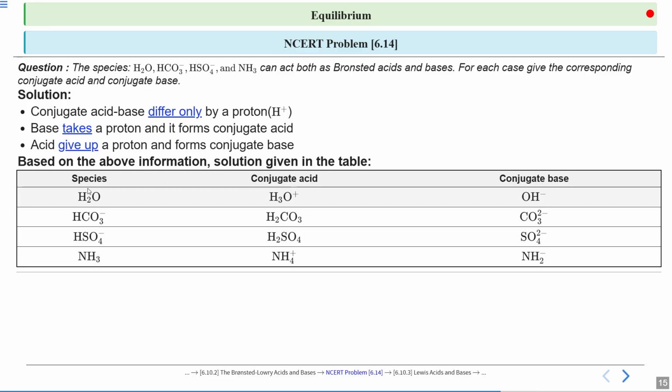Whereas on losing one proton, the conjugate base is formed, because here in the second part the water is acting as an acid. Now if you move on to the second one, which is HCO3 minus, then this species can be converted into conjugate acid by accepting one proton to form H2CO3. Whereas if you remove one proton, then it will be converted into CO3 2 minus.